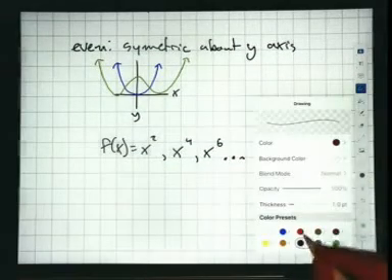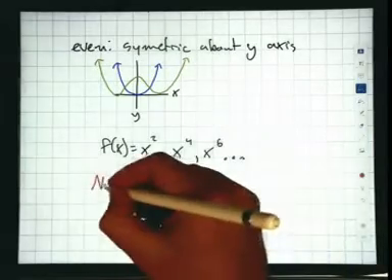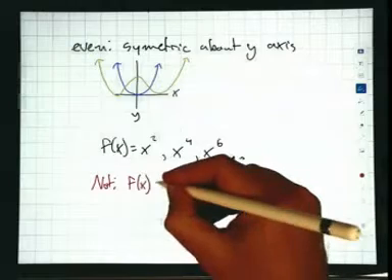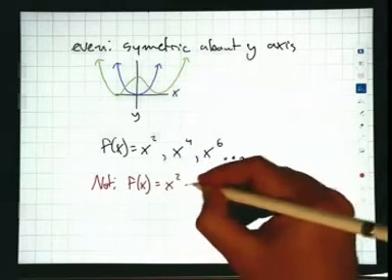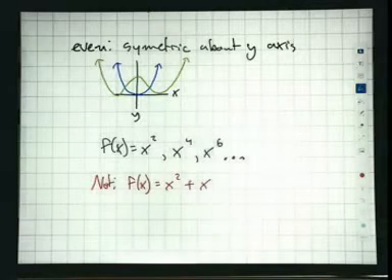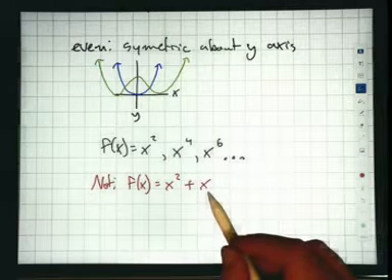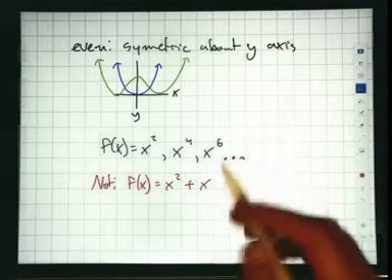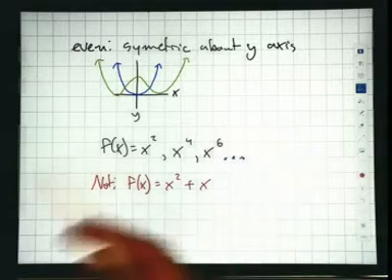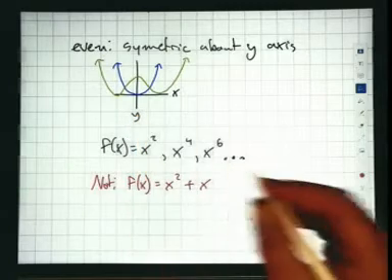So an example that would not be symmetric would be f of x is equal to x squared plus another x. As soon as you add another x in there, what that other x is actually going to end up doing is shift the graph left or right. So it's not going to become even anymore.